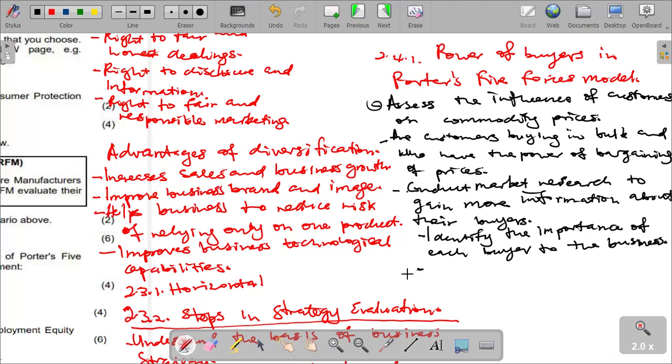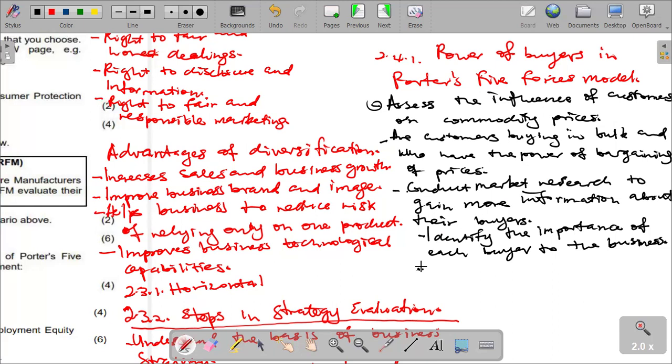One last point I can check is that they also need to identify buyers that can do without the business products, or that have more power to determine the price in terms of sales. Identify the power of buyers.